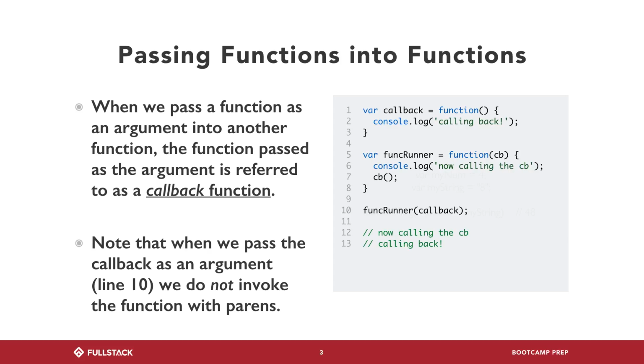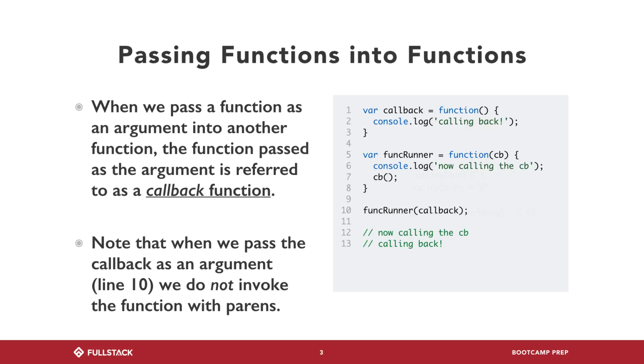When we run funcRunner, moving from top down, line 6 runs first. That's why on line 12 we have that console log out first. And then CB in this case is what? Where do we define what CB is? Yeah, we feed it.